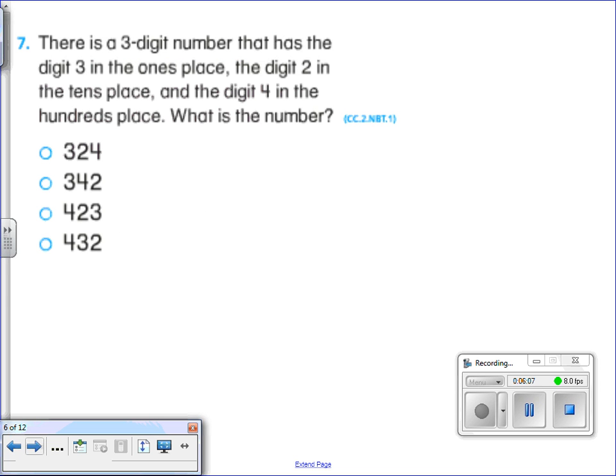There is a 3-digit number that has a 3 in the ones place, the digit 2 in the tens place, and the digit 4 in the hundreds place. This is hundreds, this is tens, this is ones. Let's read again and let's fill them into the open spaces in my 3-digit number. Let's see. There is a 3-digit number, so I did that.